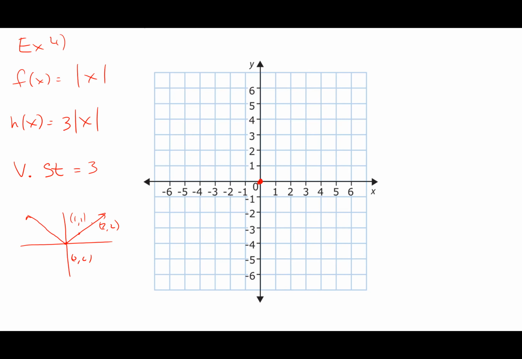Instead of going to 1, 1, we're going to 1, 3. Instead of 2, 2, 2, 6. Perfecto. And the other side is going to be exactly the same. So boom, boom. And now we have ourselves an absolute value going up 3 times faster. There's my absolute value, way V-shaped now.